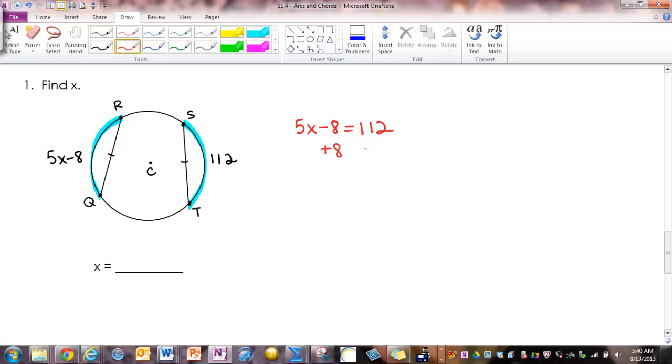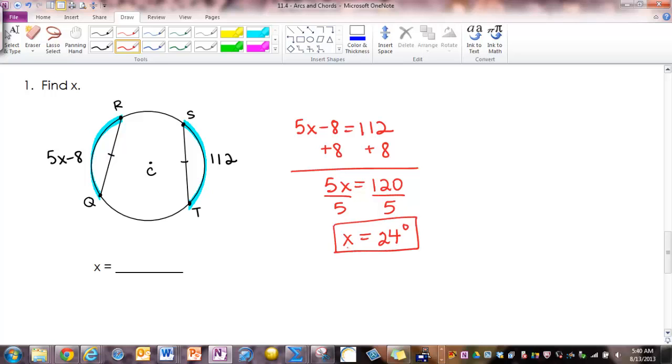Solving this, we add 8 to both sides, giving us 5x equals 120. Dividing by 5 on both sides gives us x equals 24 degrees. Now we do measure arcs in degrees, so we want to make sure there is a degree mark on all of our answers.